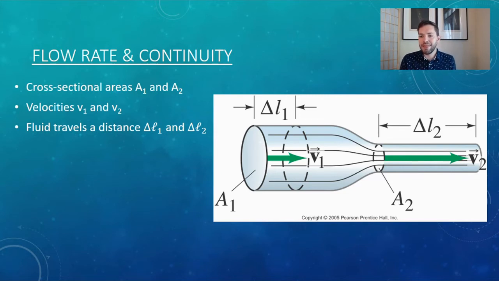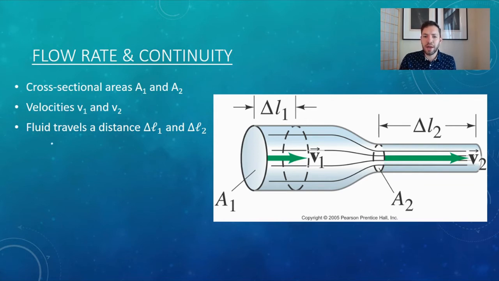And in this given time, whether a half a second or a second, whatever time we're measuring this for, the fluid itself will travel a certain distance. Here we're calling that delta L for length. So it's traveling delta L1. In that same amount of time, it's traveling delta L2.